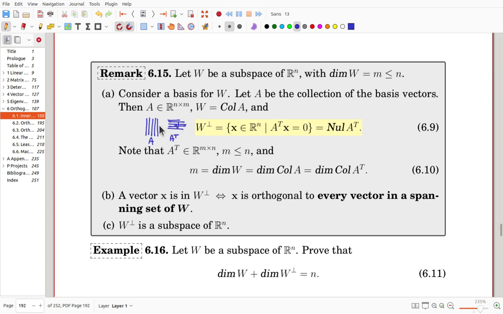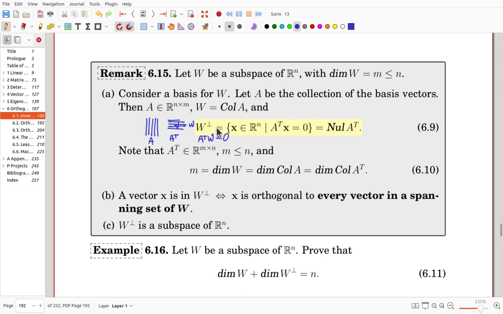So the rows of A transpose and W dot product is 0. It's the same as the column and W dot product being 0, right? But now this can be written as A transpose W is 0.